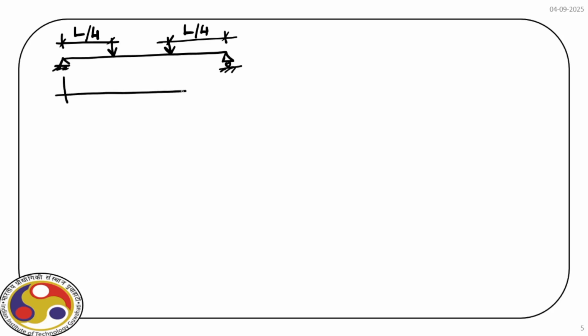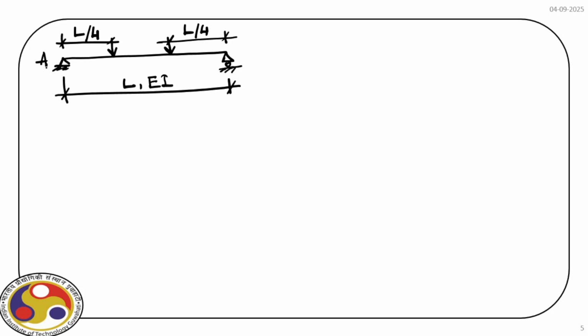So if we have, say, a simply supported beam, and we have two loads at the quarter points. So the length of the beam is L and flexural rigidity is EI.